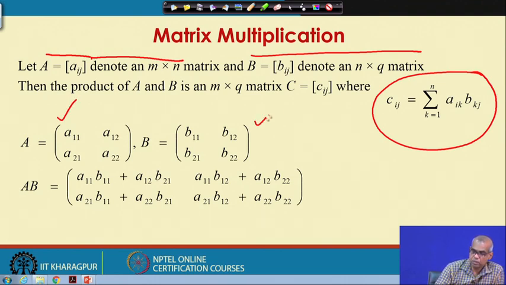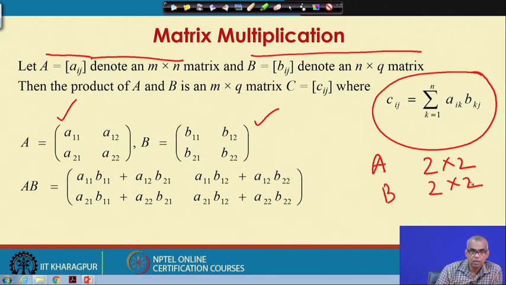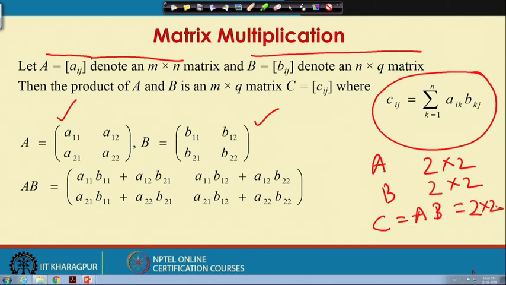Similarly, matrix B. So, A is a 2 by 2 matrix, B is also a 2 by 2 matrix. So, the multiplication is defined and the product matrix C will also be a 2 by 2 matrix. So, what will be the elements of the matrix C? That will come from this formula, c_ij equal to the sum of a_ik b_kj, where k runs from 1 to n.